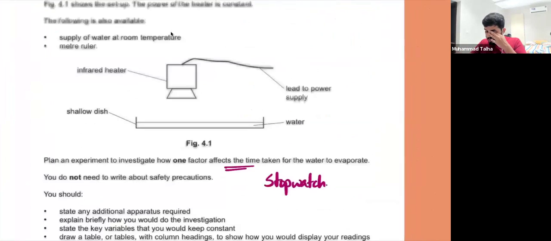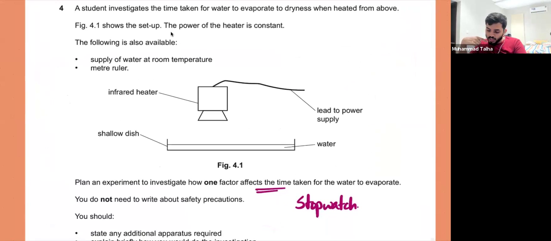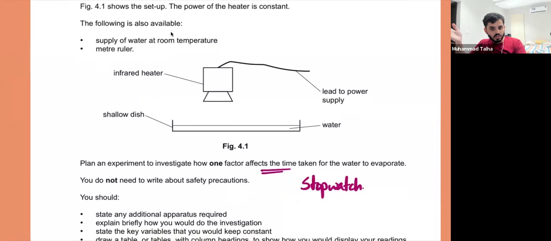For example, if you look at this one, I think this is one of the most recent ones that we did. The student investigates the time taken for the water to evaporate due to dryness when heated from above. 4.1 shows the setup, the power of the heater is constant. The following is also available: supply of water at room temperature, meter rule, infrared heater, everything which is shown.